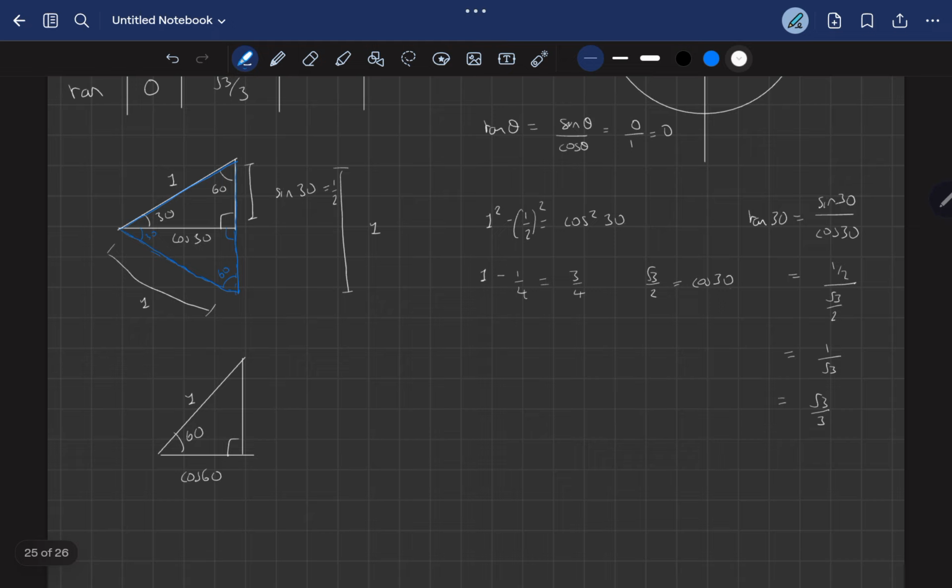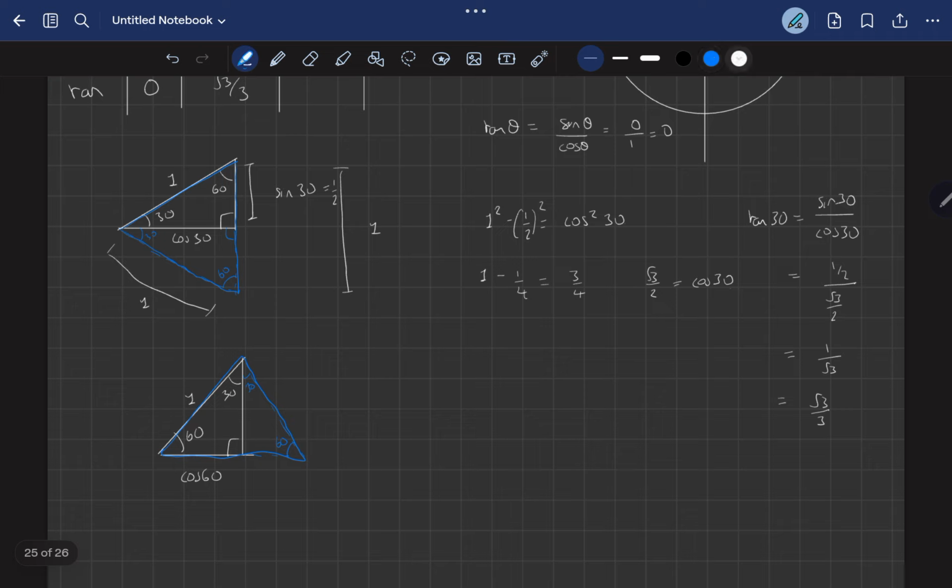If this angle is 60 degrees, and this angle is 30 degrees, and again, notice that if I reflect it along the opposite, I again get the equilateral triangle, because this would be 60, and this would be 30, so this entire thing is 60.